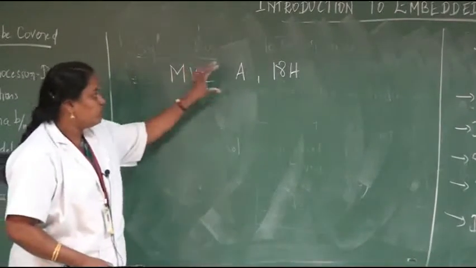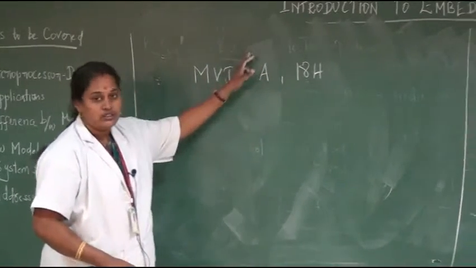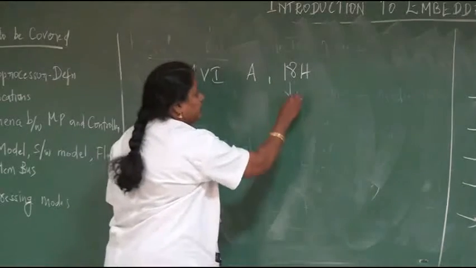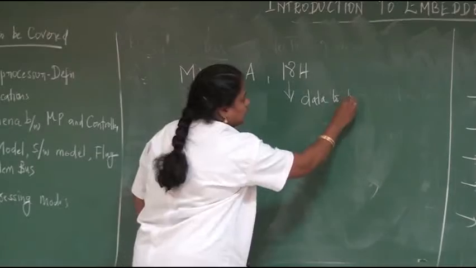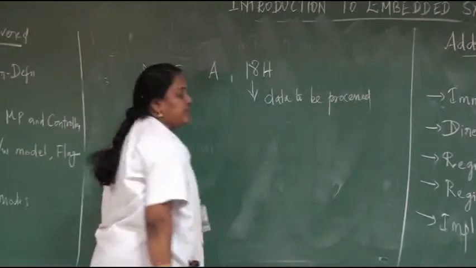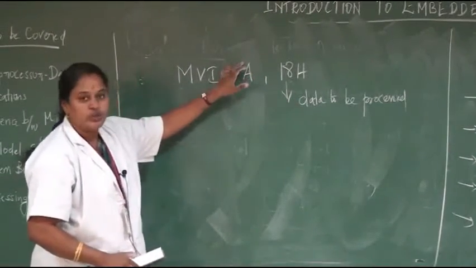What is the function of this instruction? Move the data 18 to register A. 18 is the data to be processed, and the process is moving this 18 into the A register.